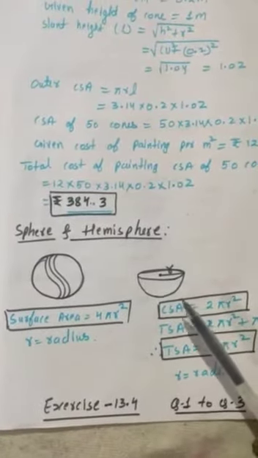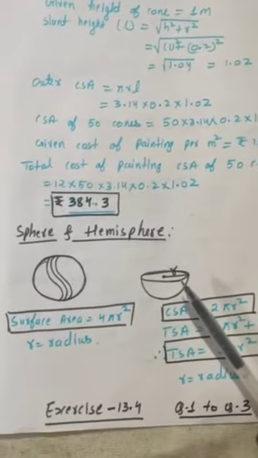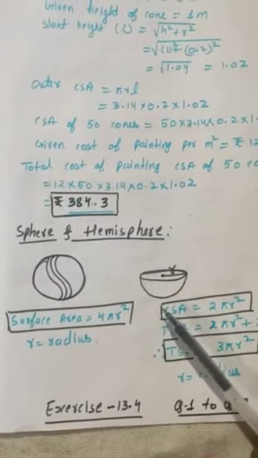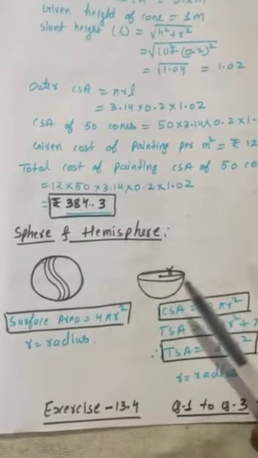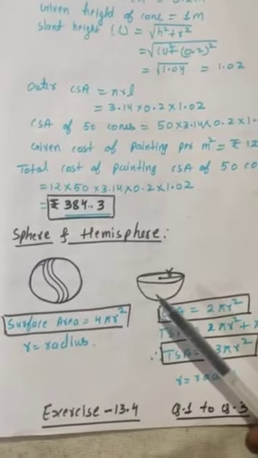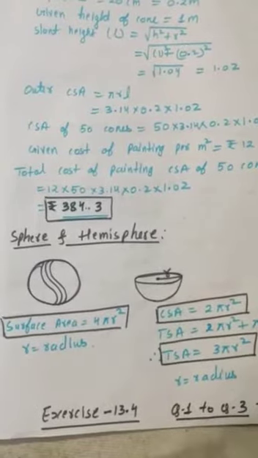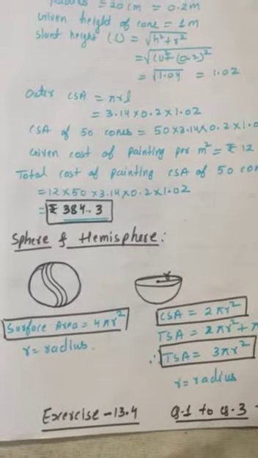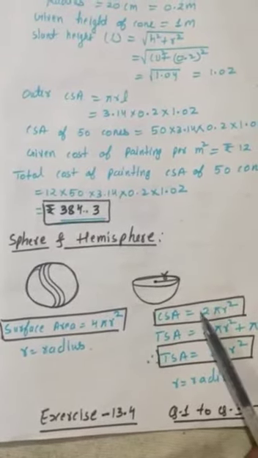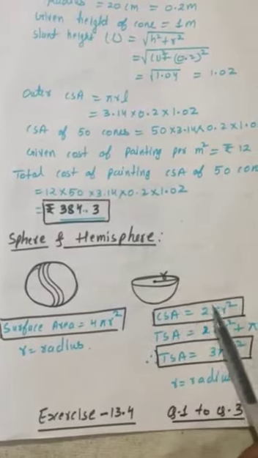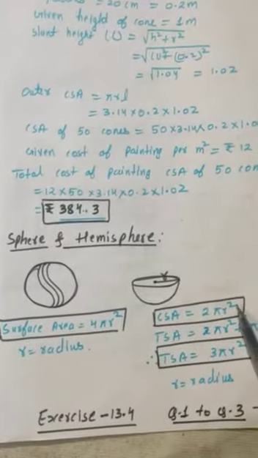And if you're talking about hemisphere, then it is having different areas. एक आपका आ जाएगा curved surface area. Now suppose you are considering a bowl, okay, at home. तो वो अंदर से और ऊपर से पूरी ओपन होती है. It is having only the curved surface area. So it is given by half of 4 pi r square, which is 2 pi r square. Okay.